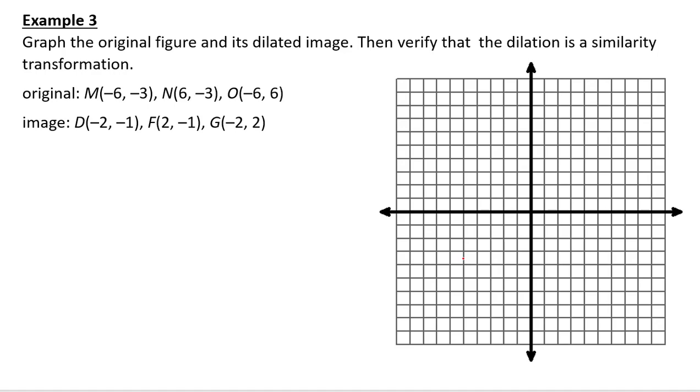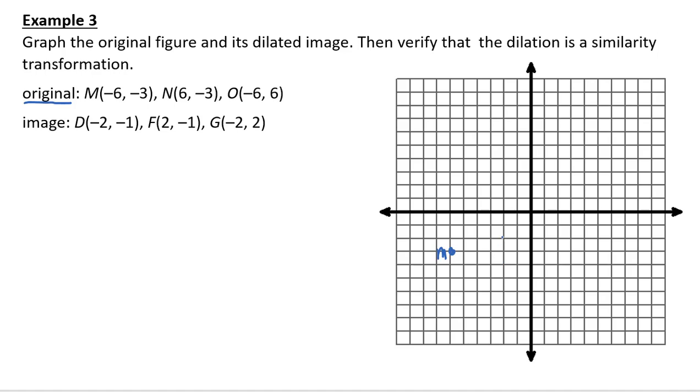Okay, graph the figure and its dilated image, then verify that the dilation is a similarity transformation. Here, I am going to graph, we'll do blue being my original, M at (-6, -3).